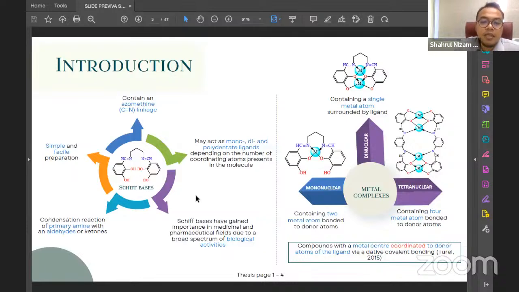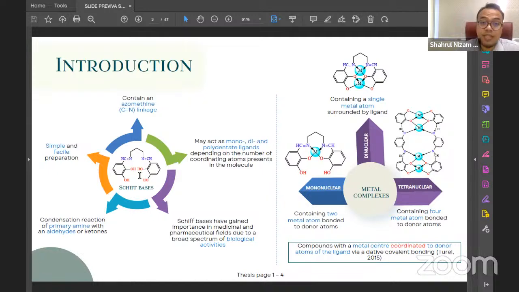We are also inspired to synthesize Schiff bases because it has been reported that Schiff bases are very good compounds to be applied in the medicinal and pharmaceutical fields. Now, just like the compounds that I showed you last week, we are going to use aldehyde mainly as our source of compound, primary amine and aldehyde.